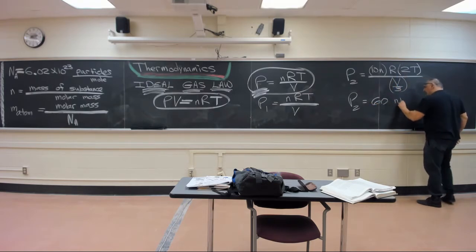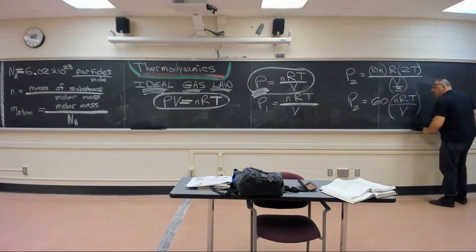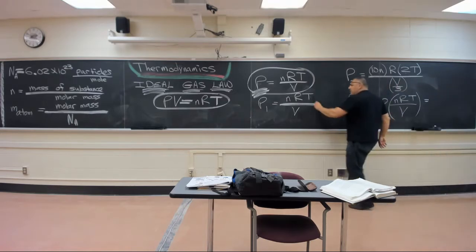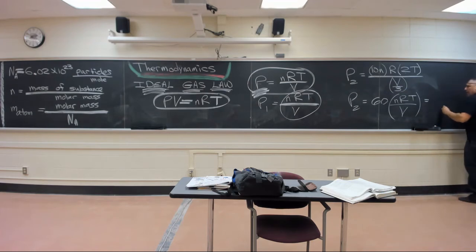So 60 times NRT over V. Wait a minute, what does that mean? Well, this was the original one, P1. So P2 is 60 times P1.